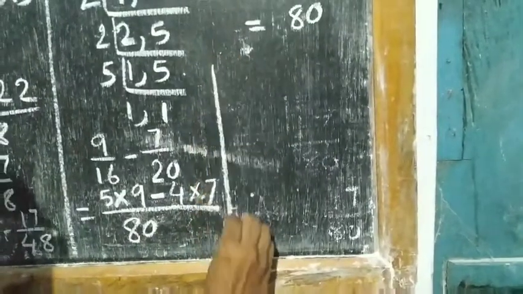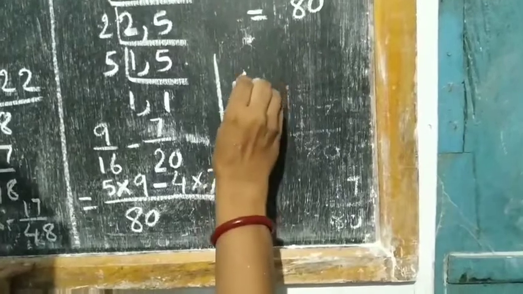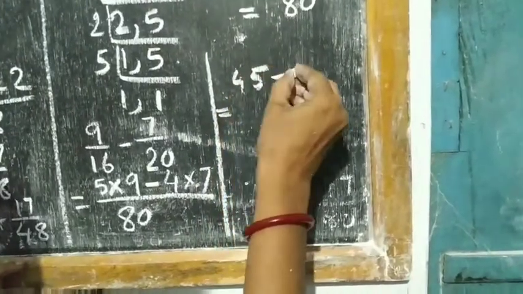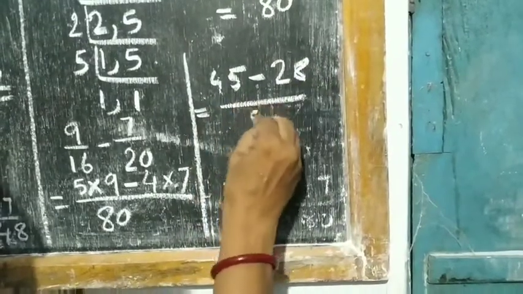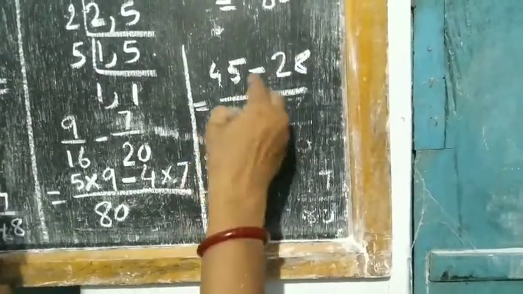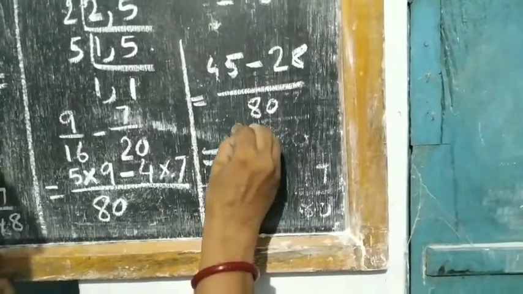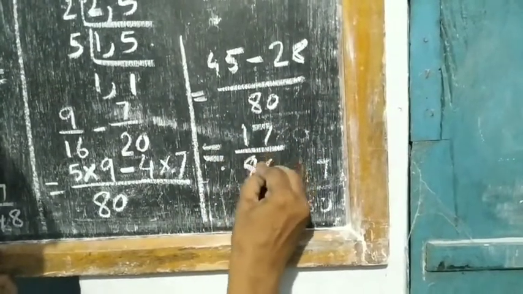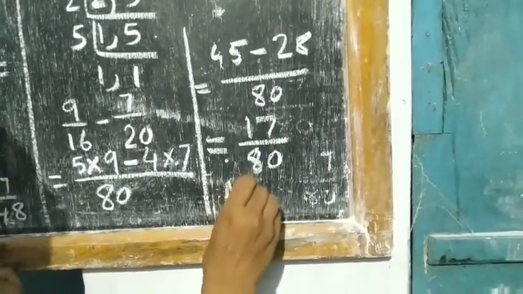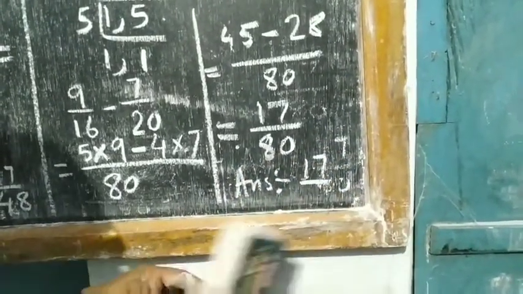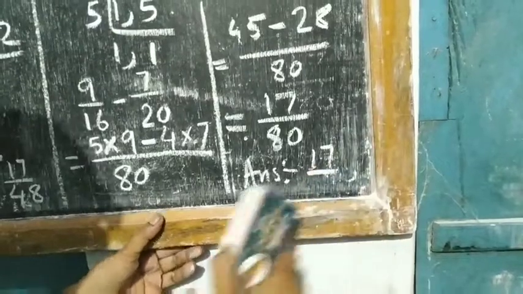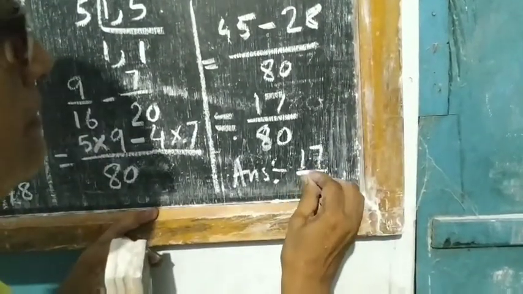So how much are you getting? 9 fives are 45, minus 7 fours are 28, by 80. So it will be 45 minus 28, that is 17, by 80. So answer, 17 by 80.